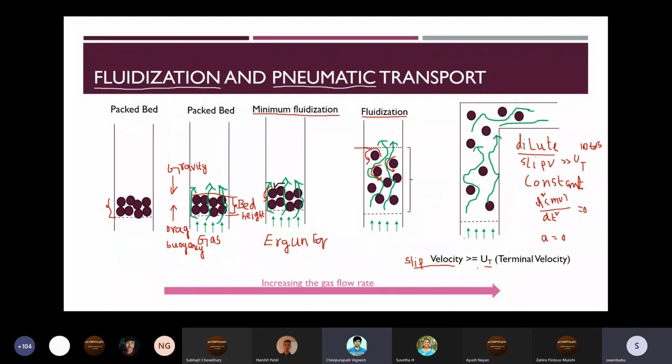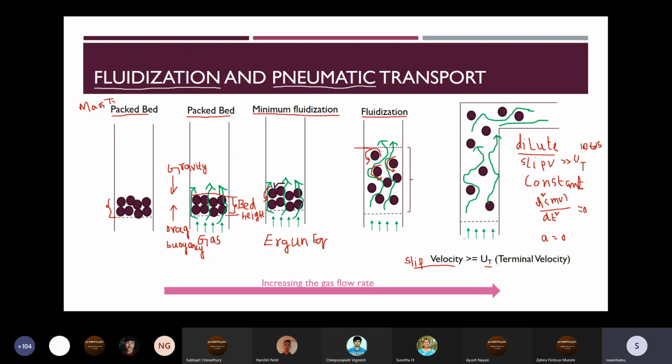Okay. Thank you. So hope all of you understood the difference between fluidization and the pneumatic transport. It is very, very important. You will see the packed bed in mass transfer. Often in packed bed, we will see mass transfer in detail. In the mass transfer course, you will come to know about packed bed.